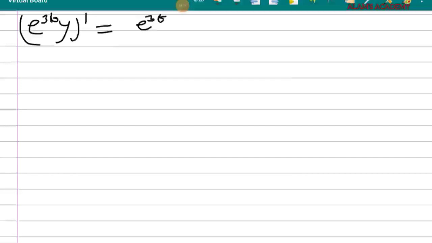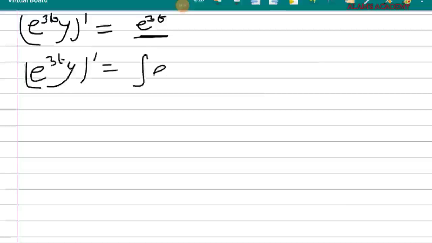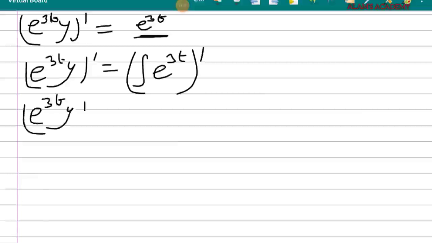e exponent 3t. Now we integrate the right hand side and differentiate. So we have this to be equal to the integral of e exponent 3t, and we differentiate it at the same time, implying that e exponent 3t y all prime is equal to the integral of e exponent 3t, which is e exponent 3t over 3.